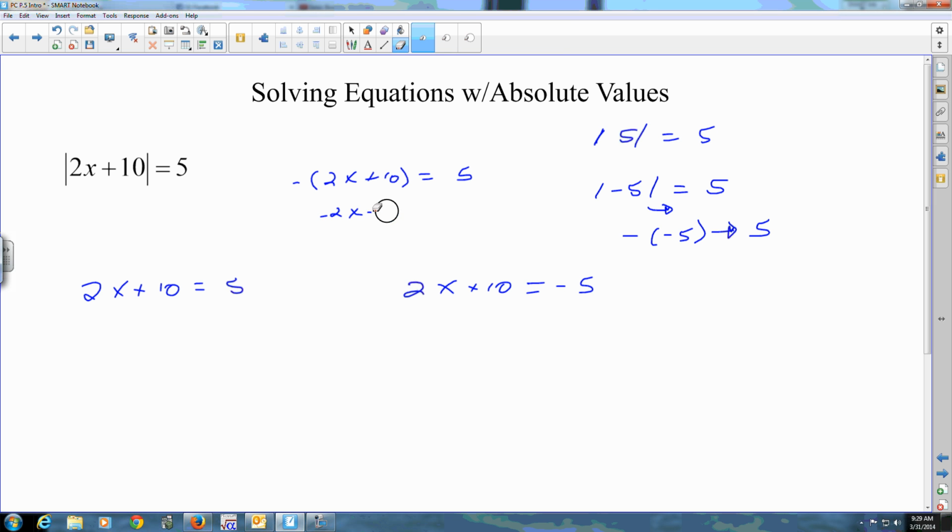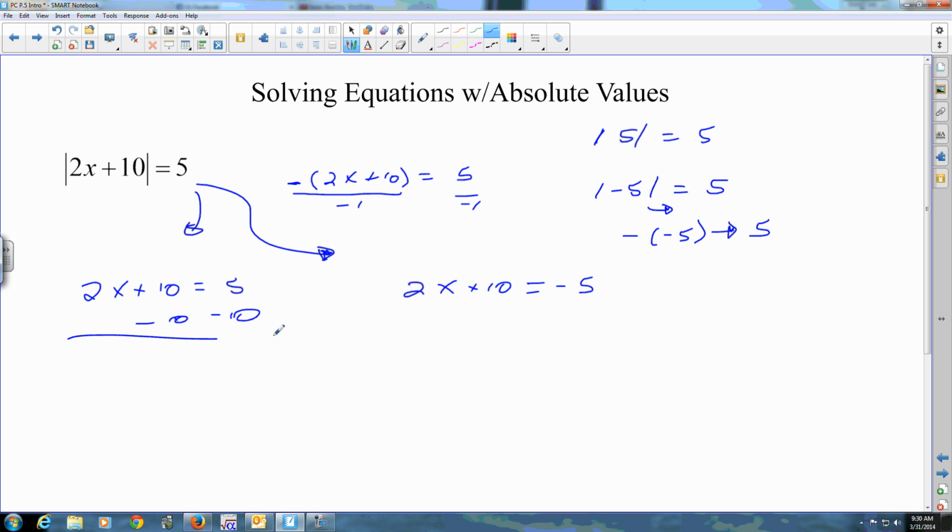But rather than distributing it inside, how about you just divide it out? And there you go: 2x plus 10 equals negative 5. That's where the negative 5 is coming from. You're assuming what's in here is negative, so you introduced a negative, then you got rid of the negative, and it's over there. You can continue to jump right to these two stages. I just feel it's important at this level of math that you understand why you're doing what you're doing.